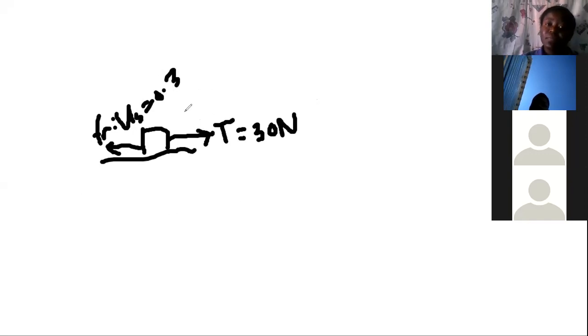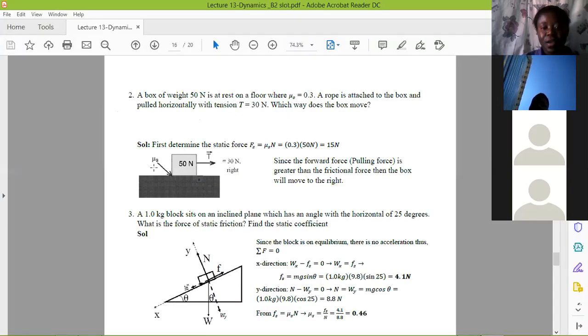The moment that body starts to move, we say that you have a maximum static friction on the object. In this type of equation, you can't just say it will move in a positive or negative direction. I always say that you always have to work it out.